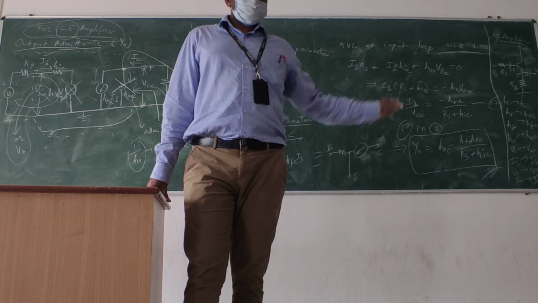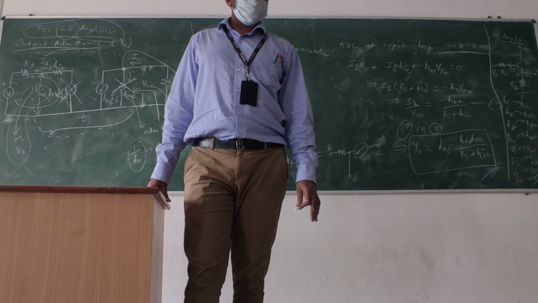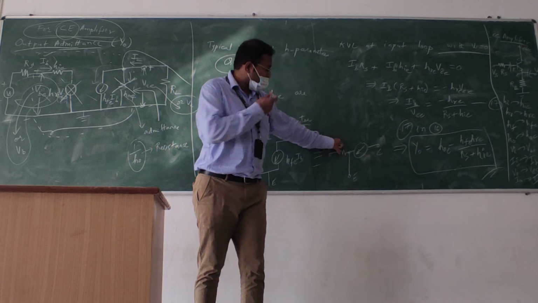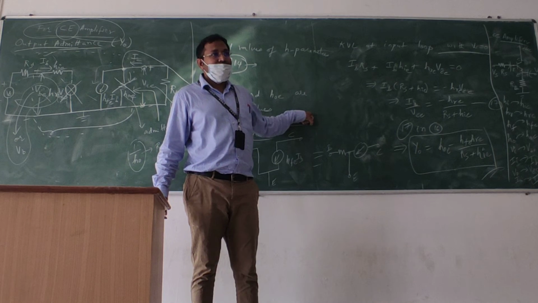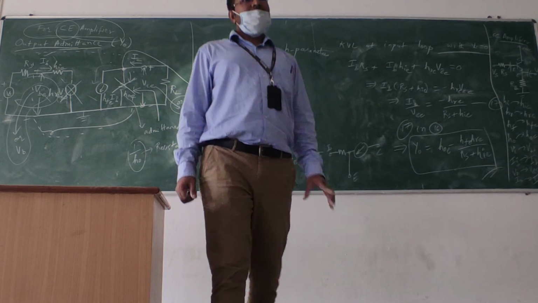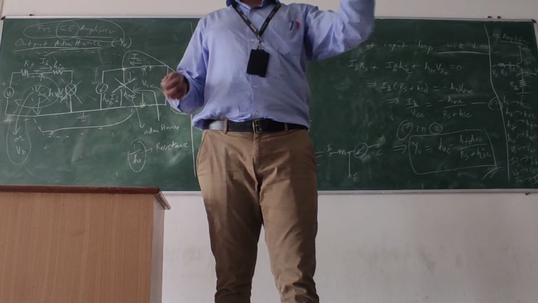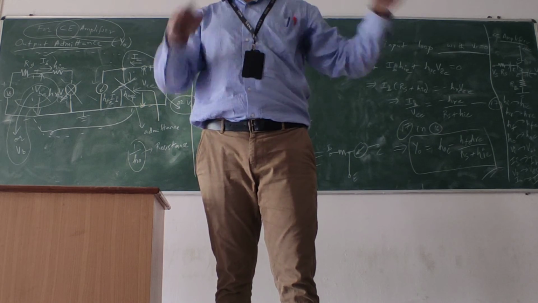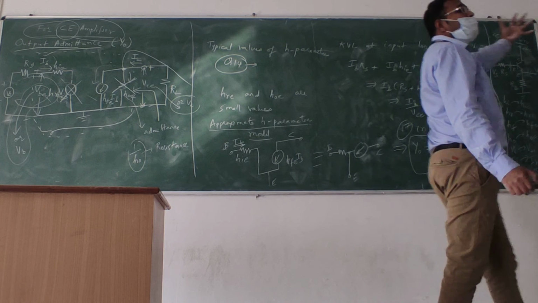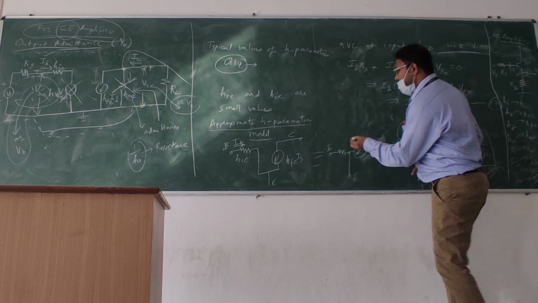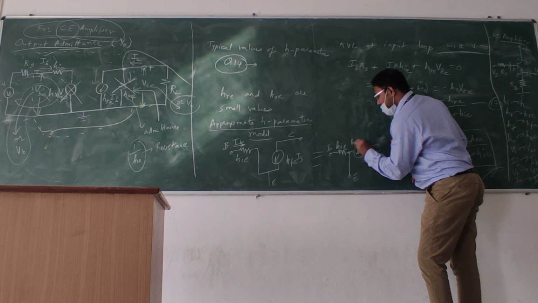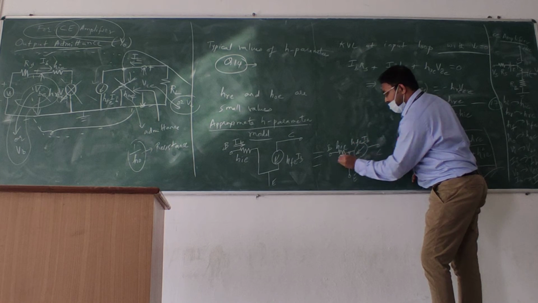For common base, you will pull the base down, the emitter you will pull here, and it becomes common base. Clear? Because it is simply like three sticks connected at one common point. This approximate model, although derived from the common emitter configuration, is valid for all the three: common base, common emitter, common collector. So this is HIE as it is. This is HFE IB as it is.